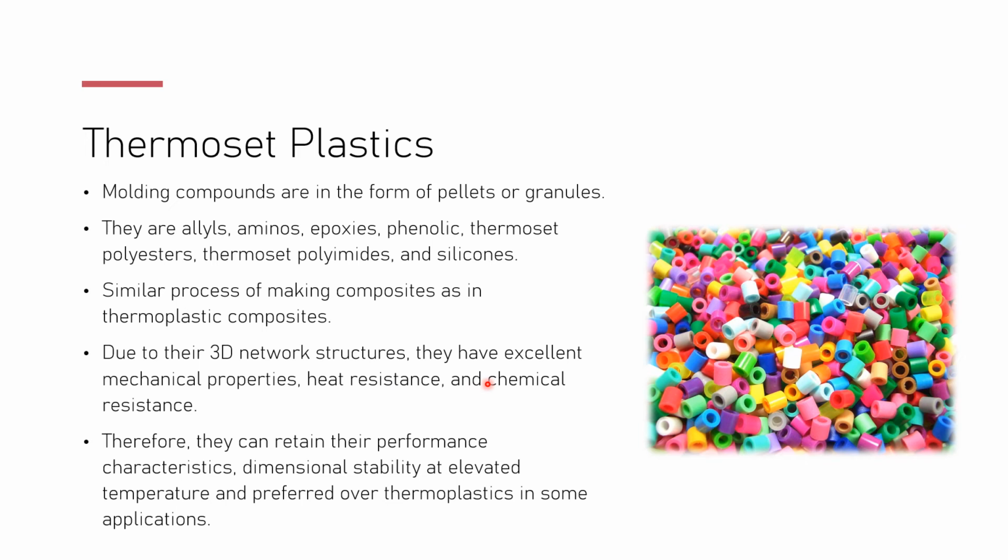So why do they have those kinds of properties? Because they have a 3-dimensional network structure. Again, structure matters for whatever properties you have and we can perceive outside. Therefore they can retain their performance characteristics and dimensional stability at elevated temperature, and are preferred over thermoplastic in some applications. Okay, meaning we use the thermoset more than the thermoplastic, and you have already studied that. Right? The percentage is heavier in thermoplastic applications.